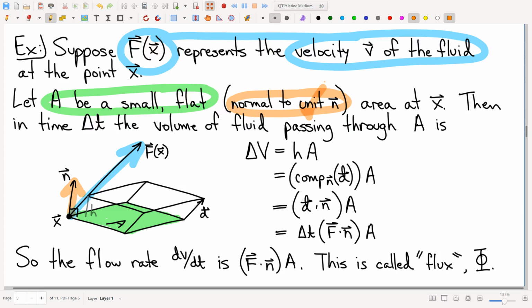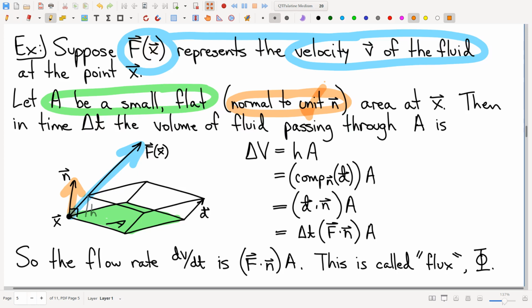How much volume per unit time of fluid is flowing through there? Not to be confused with the velocity. Velocity is distance per unit time for a single particle of fluid. Here we're talking about the total quantity of fluid per unit time through a surface. Very different rate.